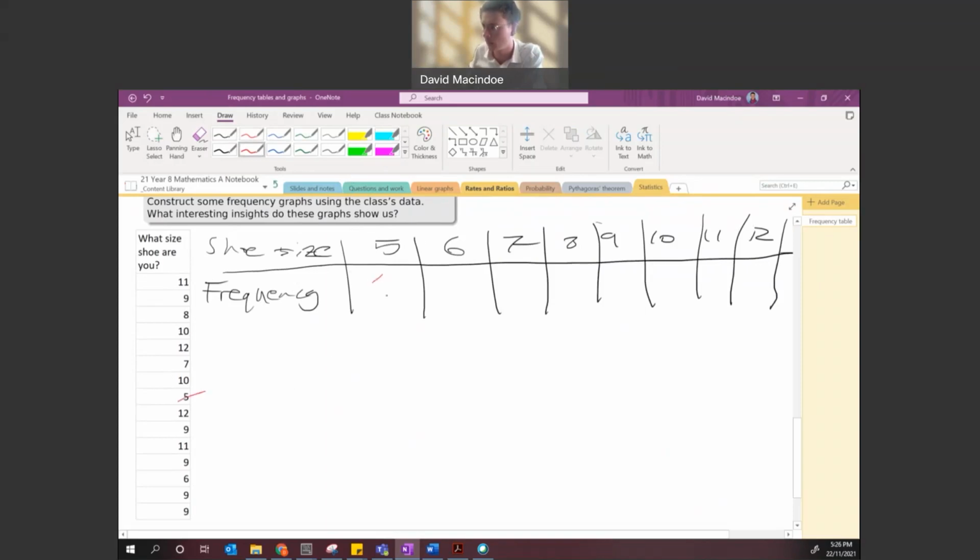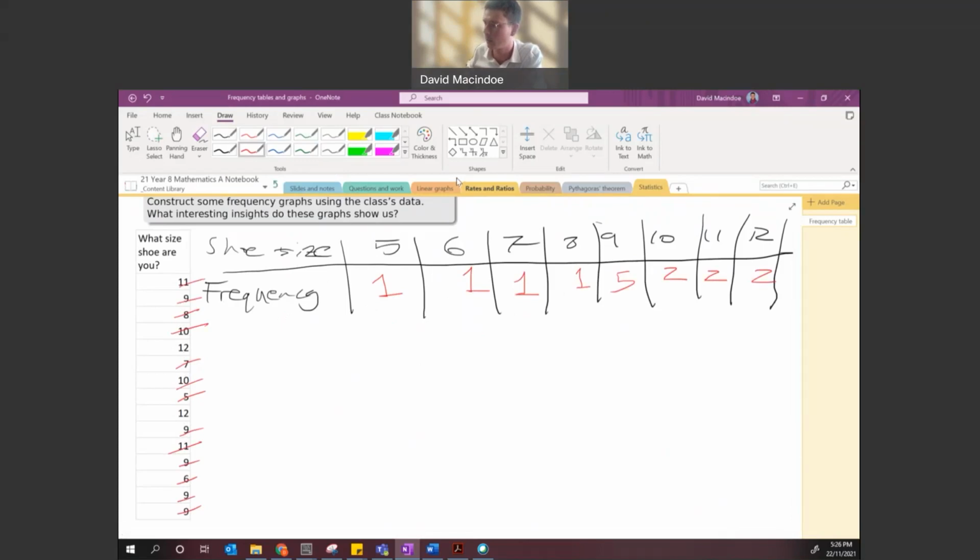So we've just got 1 there. 6s, 1, so 1 there. 7s, there's just 1. 8s, 1, more 8s, so just 1, okay. So 9s, we got 1, 2, 3, 4, 5. 10, we got 1, 2. 11, we've got 1, 2. 12, we've also got 2.